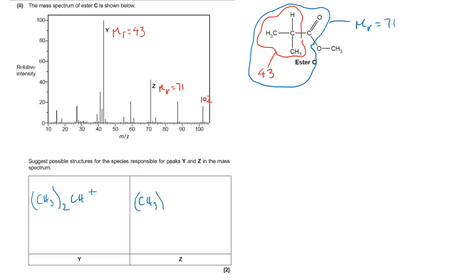So we got CH3CH2CH2CO. Also we want the plus sign in there as well. And you can write the formula just like this, as long as you've got the plus sign in there. You can write out skeletal or displayed, whatever you like.